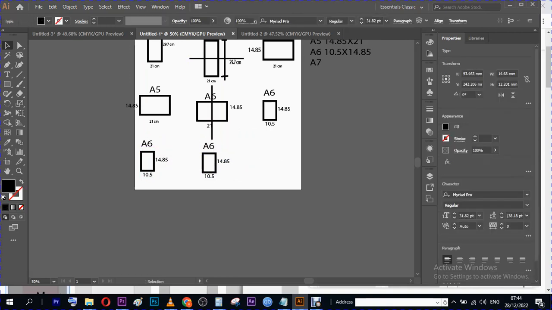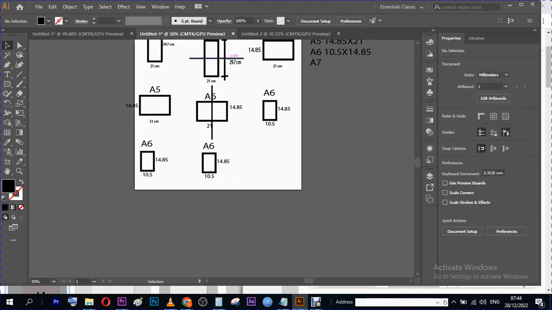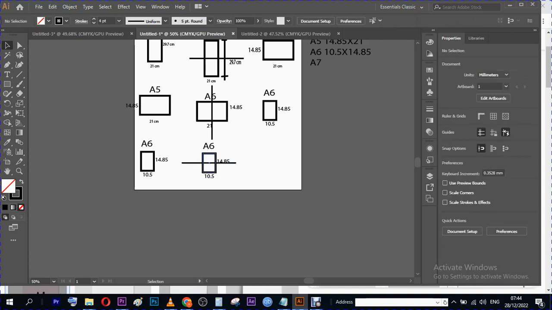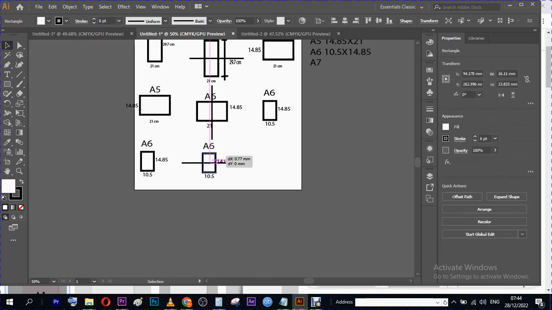We remember we said we divide along the highest size. Today we are going to be dividing it horizontally. If we divide here, we have to make sure that this is in the center. So now we are dividing an A6, so that we create an A7.